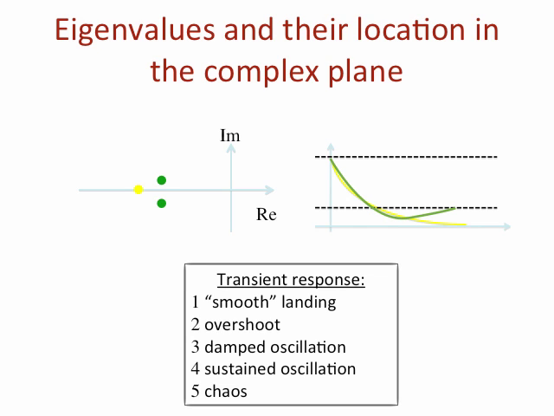If they move off the real line and become slightly imaginary, that's the situation where you can have an overshoot, as shown with the green curve. If they migrate further off the real axis, you can have multiple overshoots or damped oscillation. And if you have purely imaginary eigenvalues, you will have sustained oscillations.